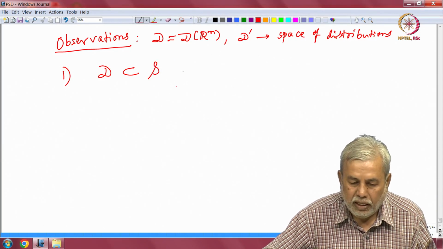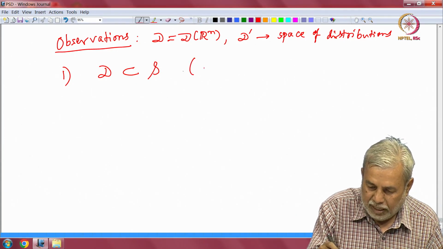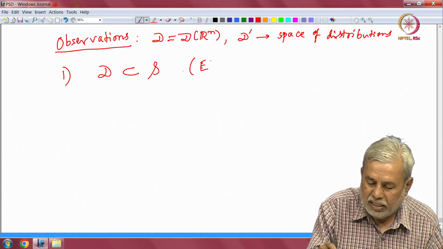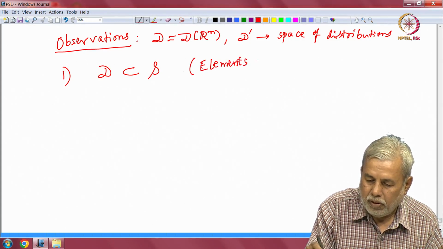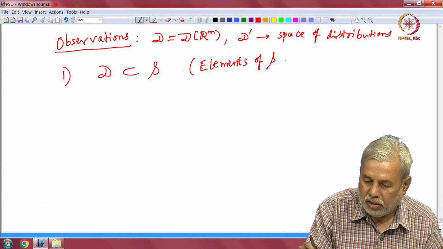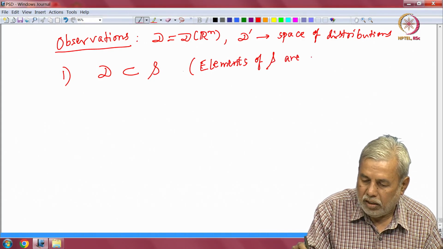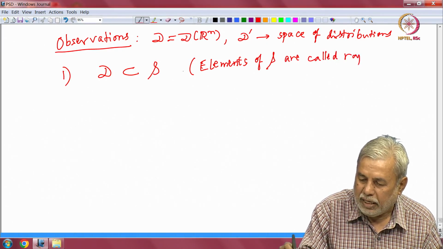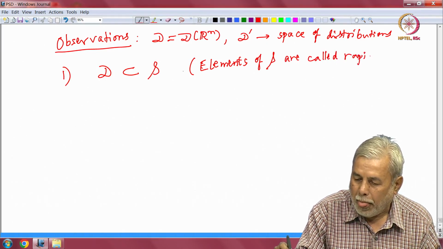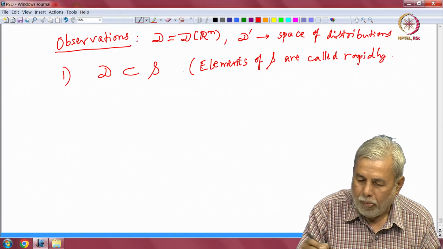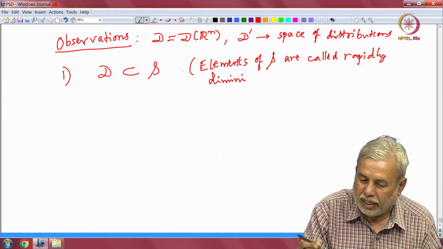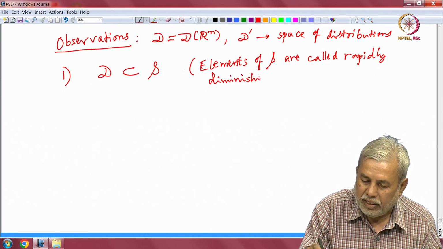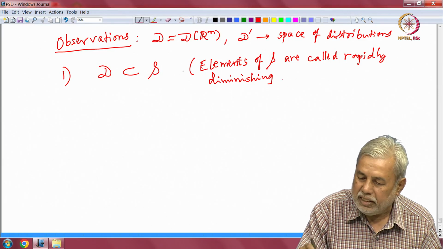Sometimes the elements of S are called rapidly diminishing functions, and some authors also use decreasing. I write here diminishing.